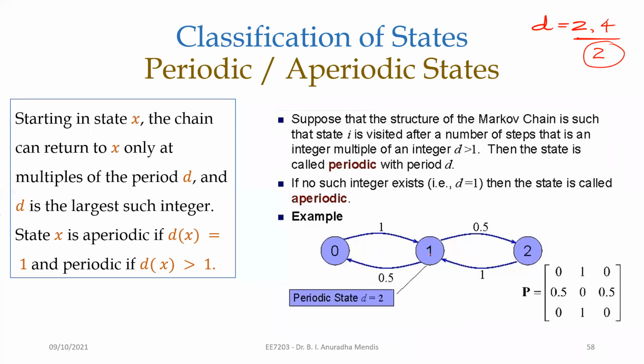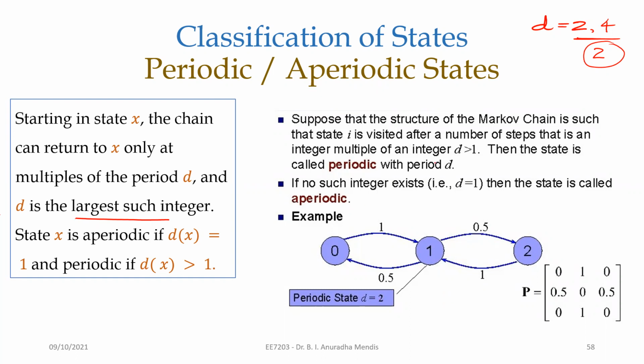So here the d value is the largest such integer that can divide all of these. Sorry, d value is 2 here. For this particular Markov chain, we call that periodicity equal to 2.